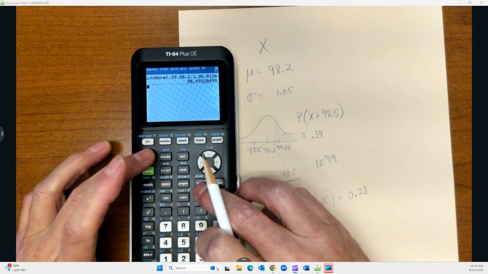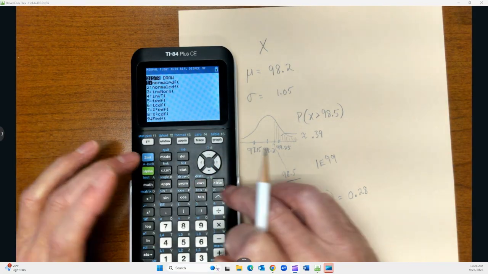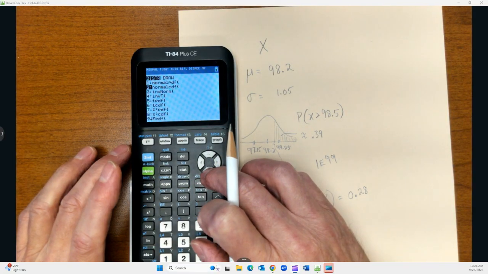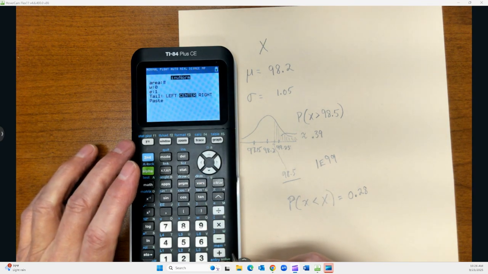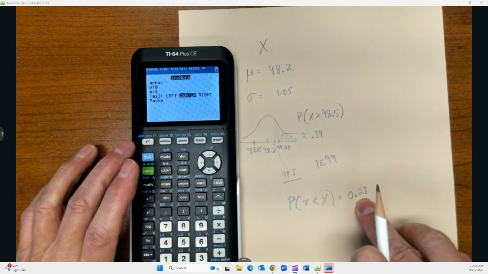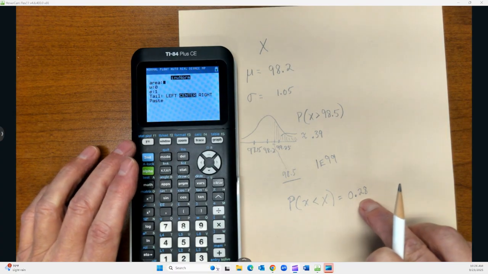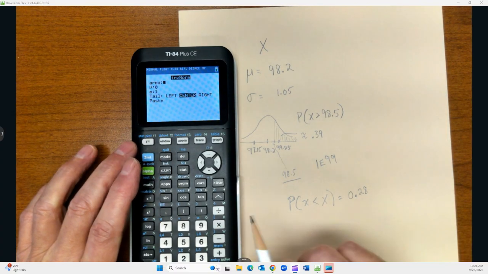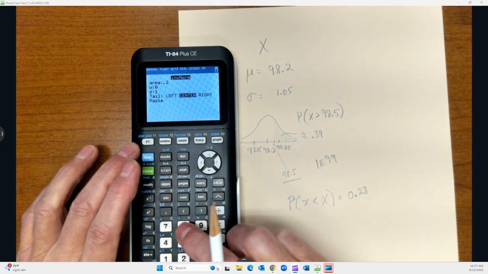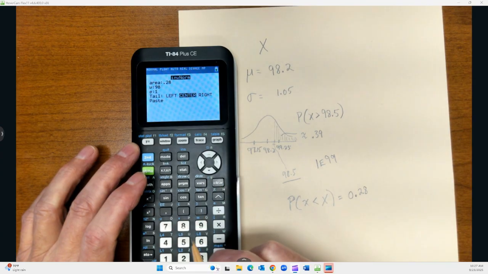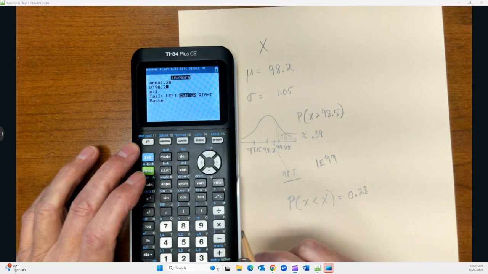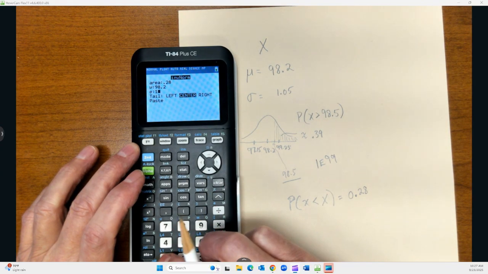So we're going to go to the same distribution menu and choose the third option, which stands for inverse norm. We need to give it the area, or the probability, or the percentage of the population. So we start with 0.28. Our mean is 98.2, and then 1.05.